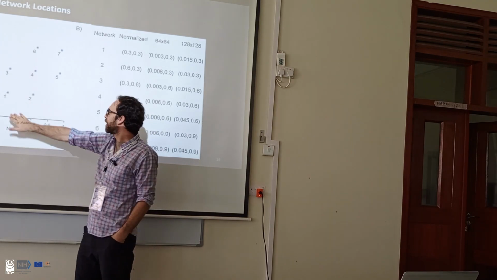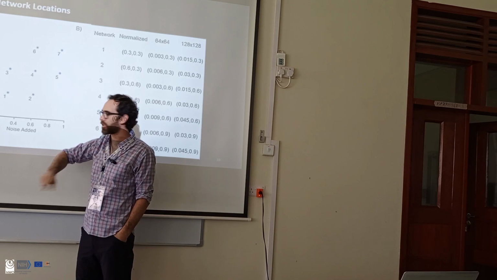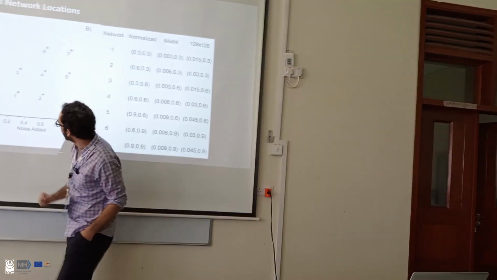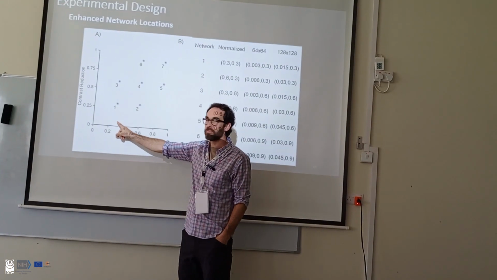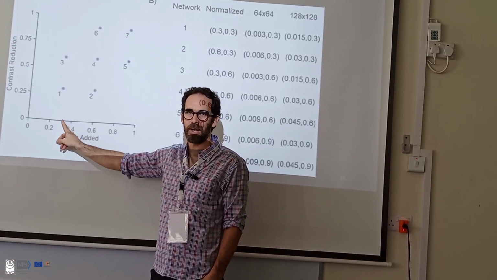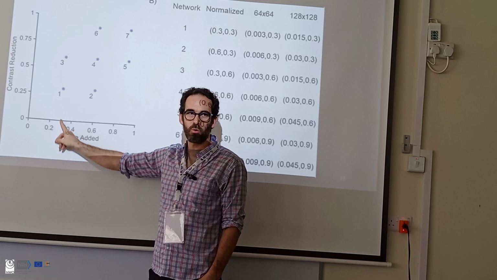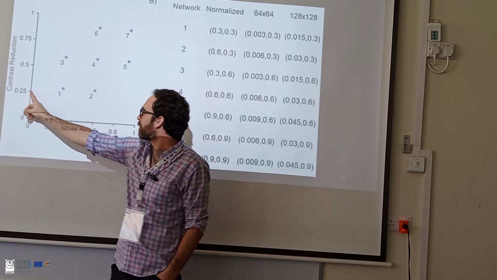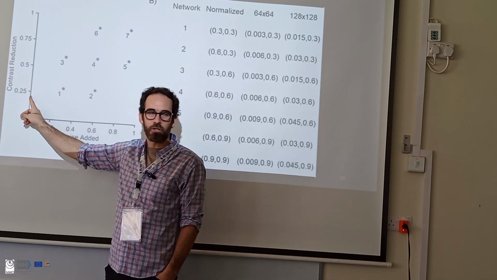So what does that look like? For network 1, for example, I had a noise added of 0.25. This is normalized to the maximum value for the resolution. So a quarter of the way to the max, and then about a quarter of the contrast reduction.